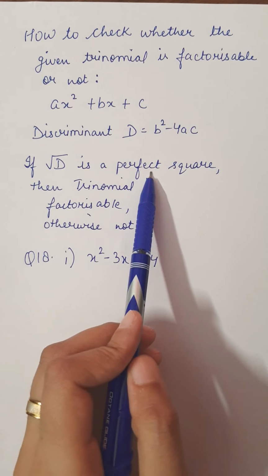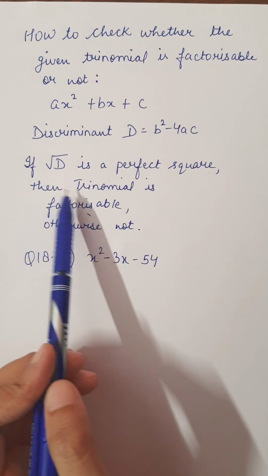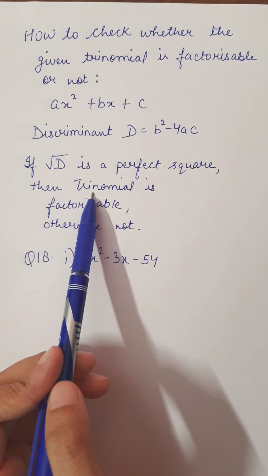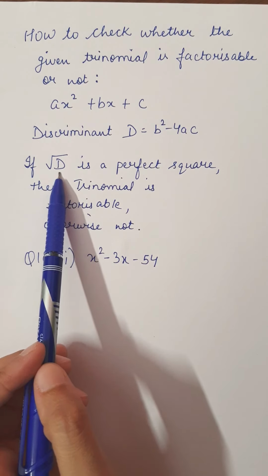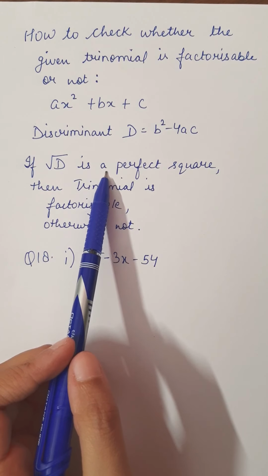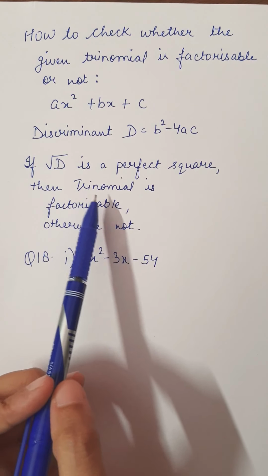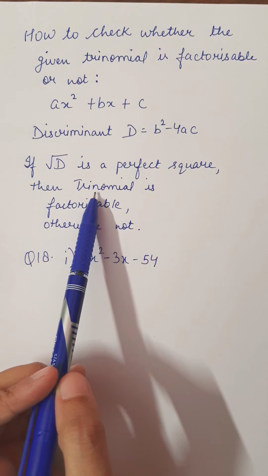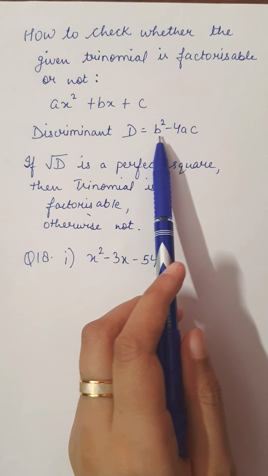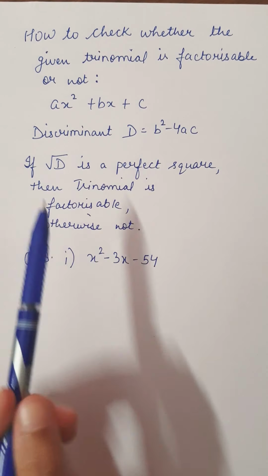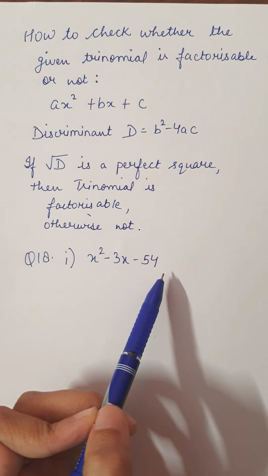If under root D is a perfect square, then only we can factorize the trinomial by middle term splitting. If under root D is not a perfect square, that means the trinomial cannot be factorized by middle term splitting.